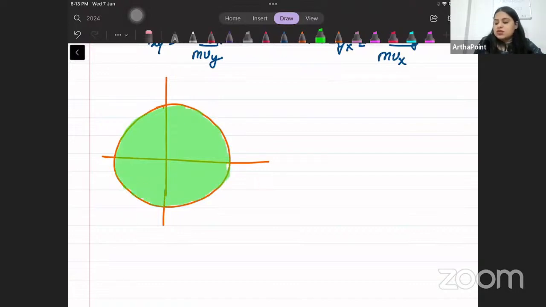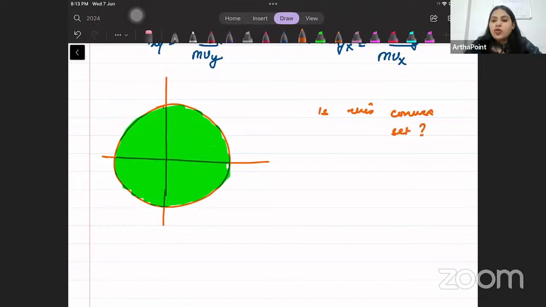Now, in order to check this, within this set, you can take any 2 points, join it with a line segment. This line segment lies within this colored region. So yes, it is a convex set.